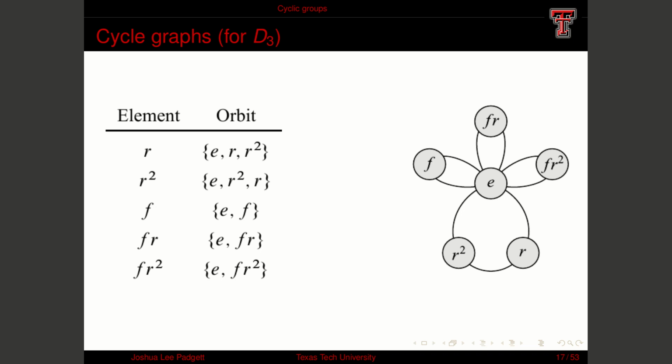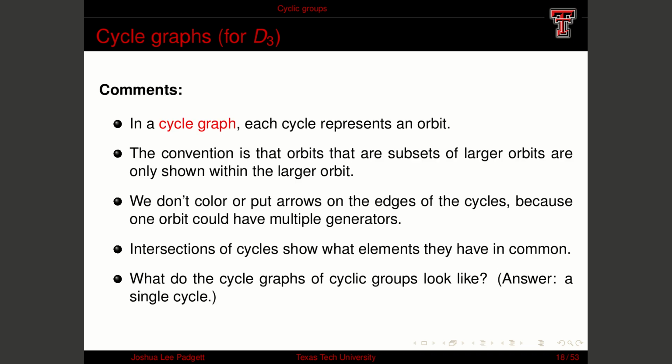The way that you draw it is you need to find all the orbits. You put the identity in the center, and then you circle off to represent each of the orbits. Each cycle, or little flower petal, represents an orbit. And the idea then is if there are cycles within a cycle. What do I mean by such a thing?